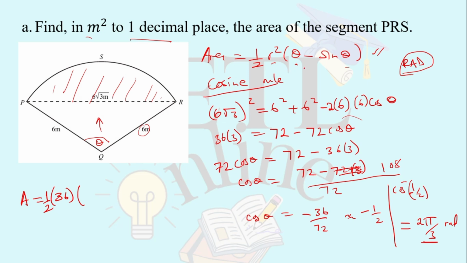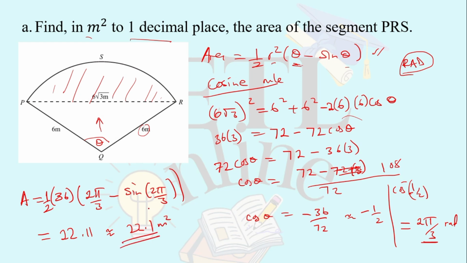Our theta here is going to be 2 pi over 3 minus sine 2 pi over 3. Punching this on the calculator, we're going to get our area as 22.11. Since it's to one decimal place, it's going to be 22.1 meters squared. So this is going to be our answer.